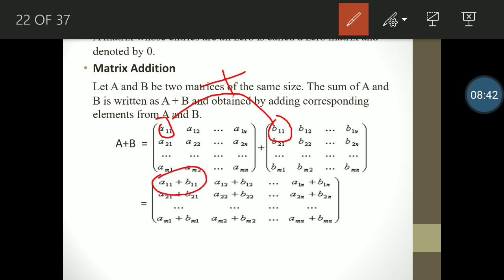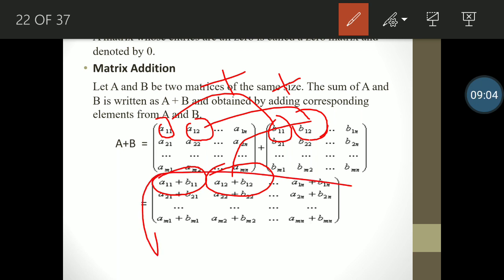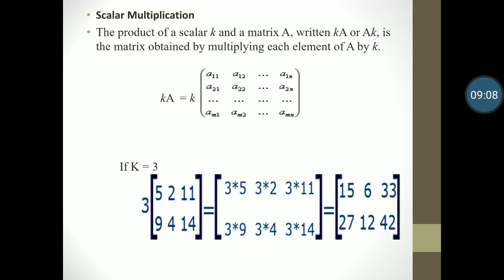Likewise, our first row, second column element plus our second matrix's first row, second column element will be added, and it will make the second element of our addition matrix.